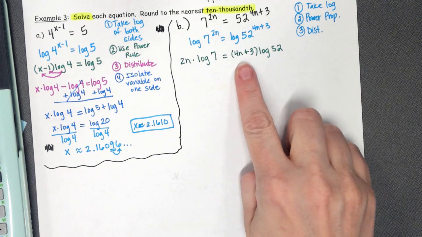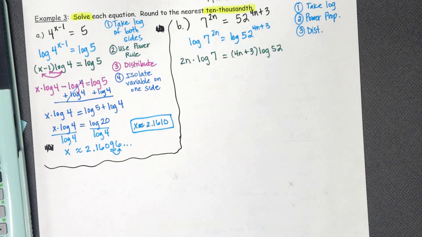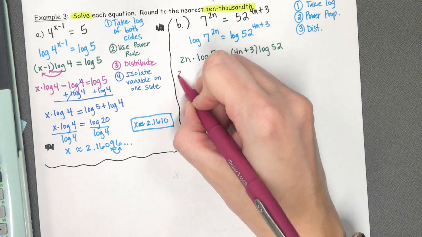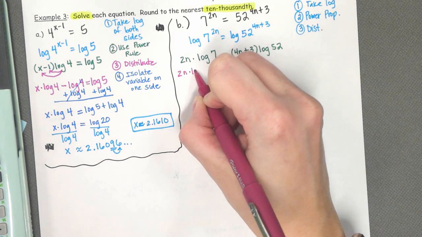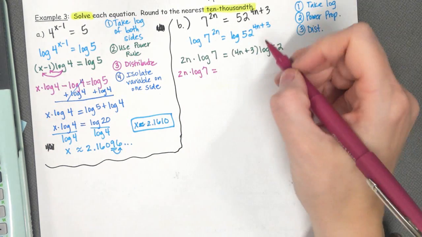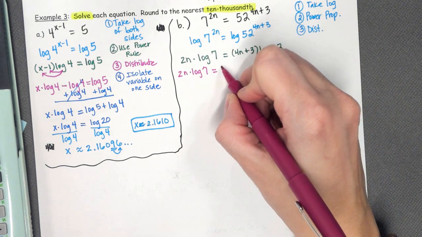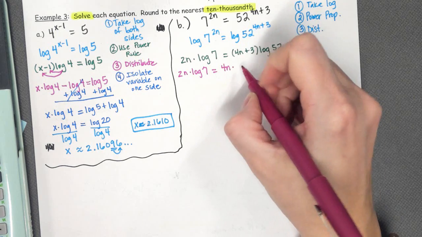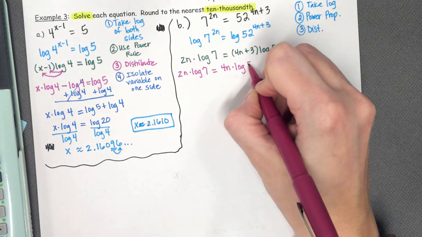You only have to distribute when there's a binomial. So we're going to keep this 2n times the log of 7. It's going to be equal to 4n times the log of 52.